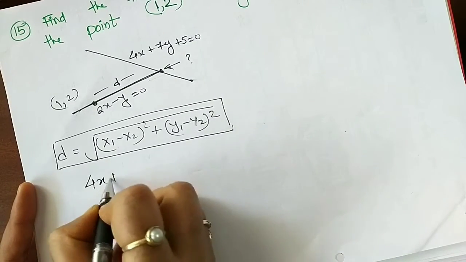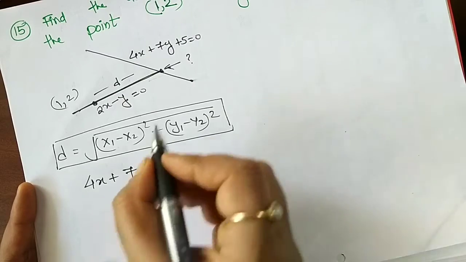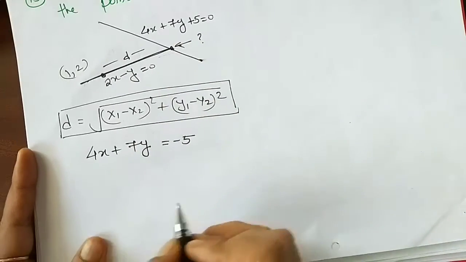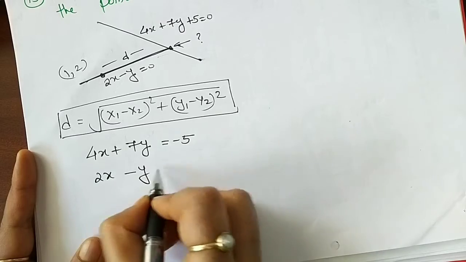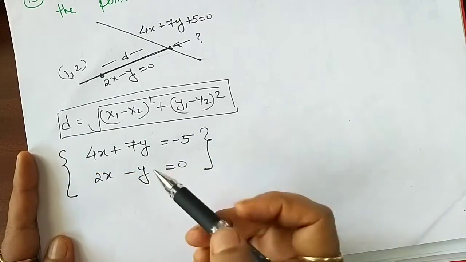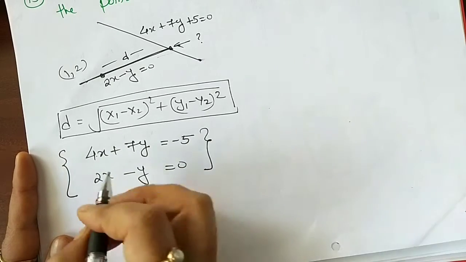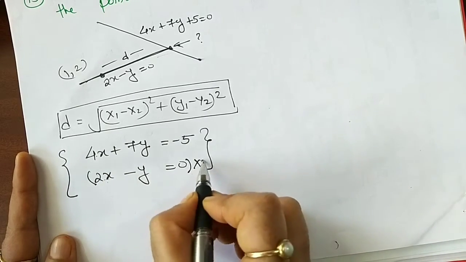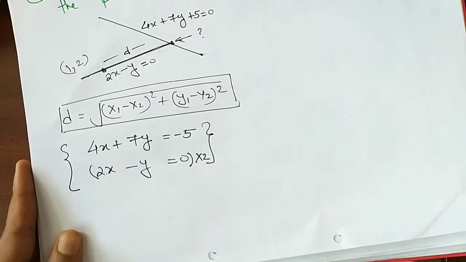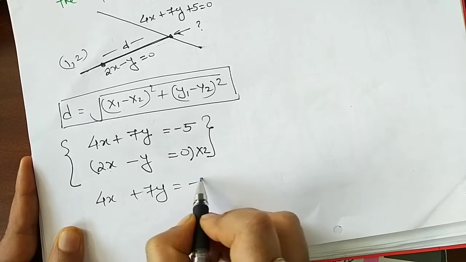So let me write down 4x plus 7y is minus 5. I am just taking this 5 to the other side, and the other equation is this. To solve it algebraically guys, my coefficient of x should be equal. So let me multiply the whole equation by 2. Now the first equation is as it is.